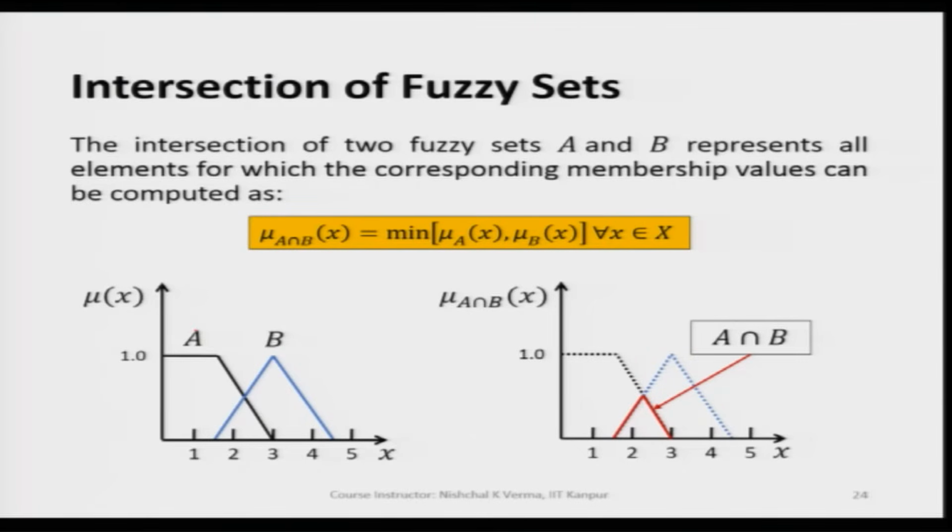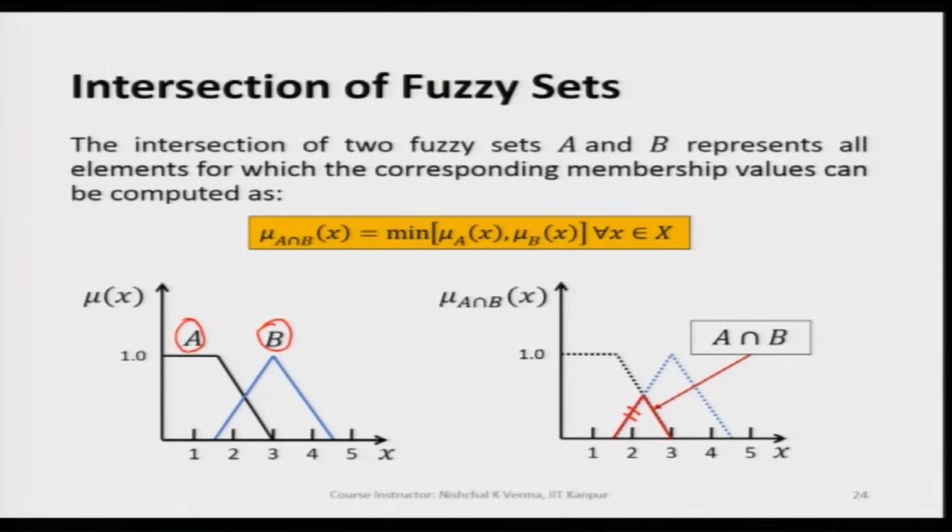Let this be a fuzzy set A and this be another fuzzy set B, and when we apply this condition and take the min of the corresponding membership values, we will get this red portion as A intersection B, and this will also be a fuzzy set.